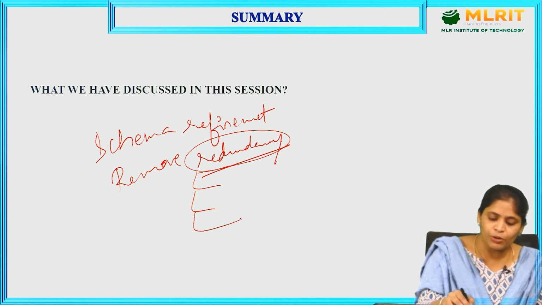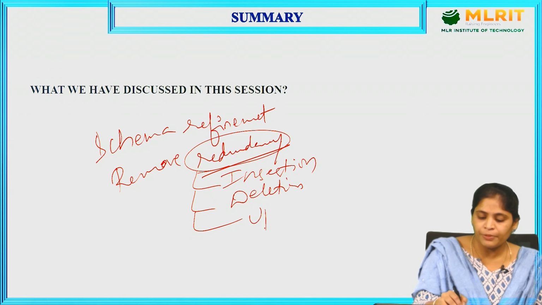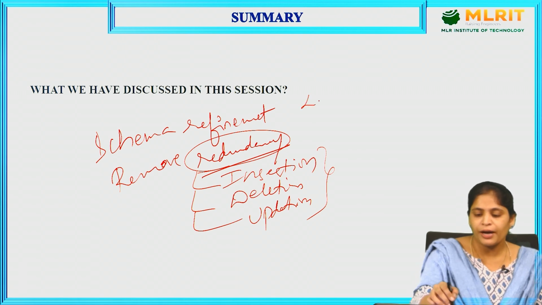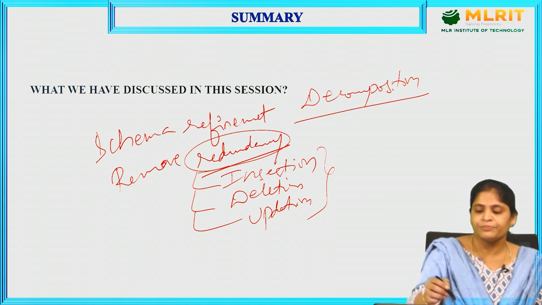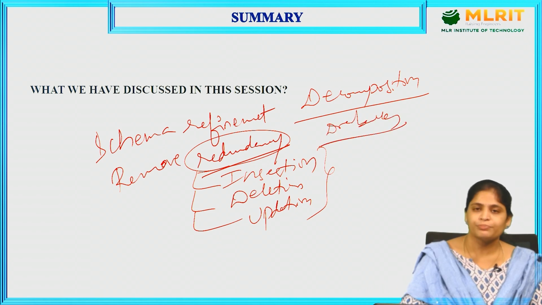We discussed three problems: insertion anomaly, deletion anomaly and updation anomaly. How can we overcome these three problems? By using one technique, which we call decomposition. And we have also discussed some of the drawbacks of decomposition, such as performance.